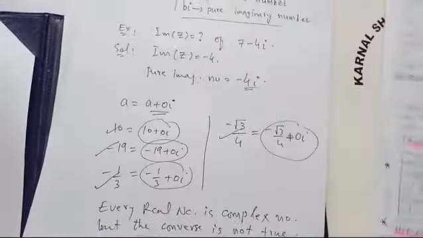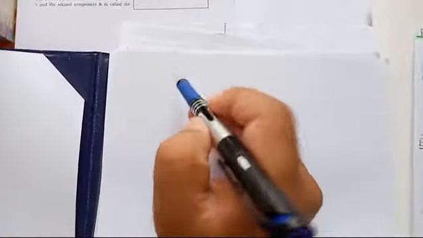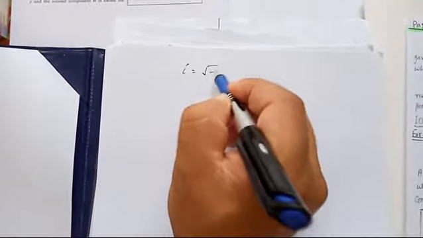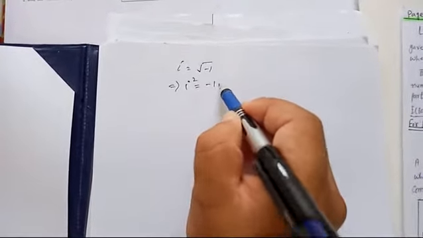We all know that the value of iota is equal to square root of minus 1. So this implies that iota square is equal to minus 1.